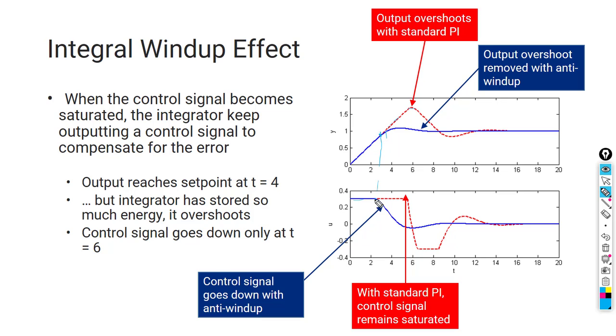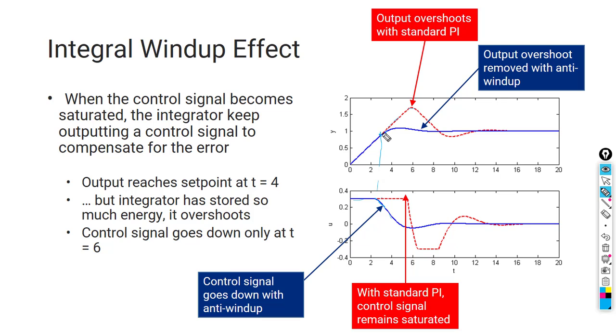Once I reach the set point, the control signal starts to decrease, because it doesn't make sense now to keep providing a high control effort. Why do I need to keep providing saturation control effort?